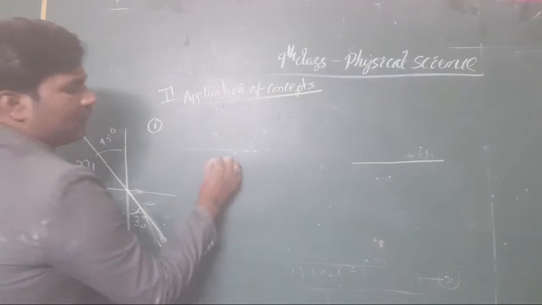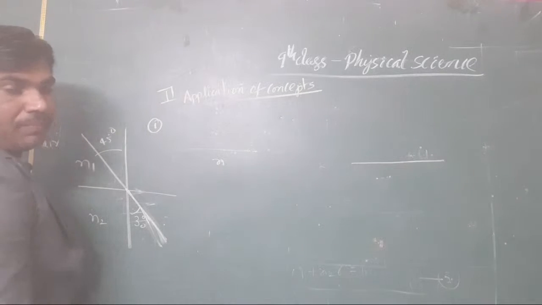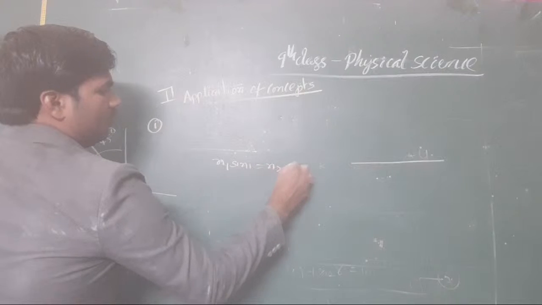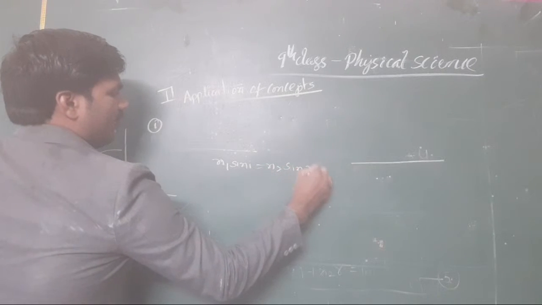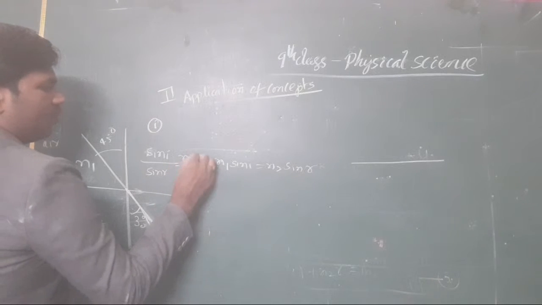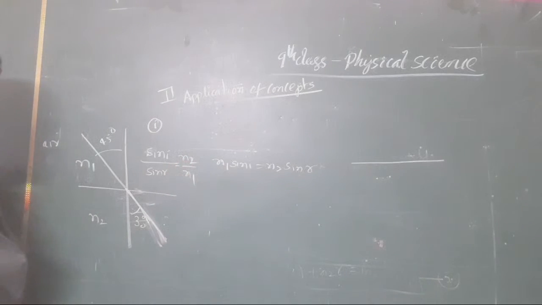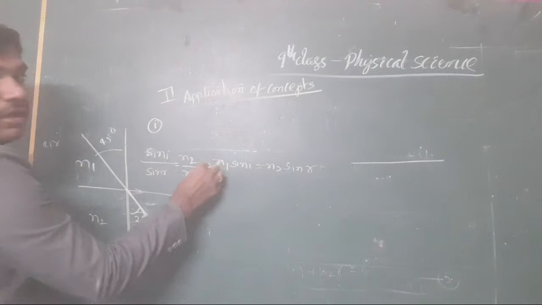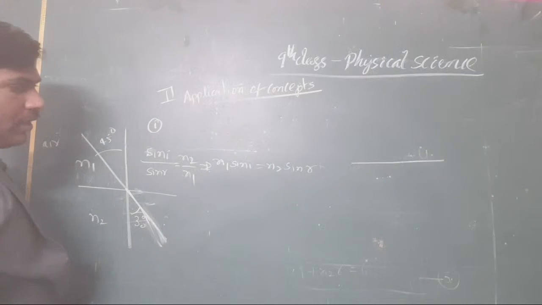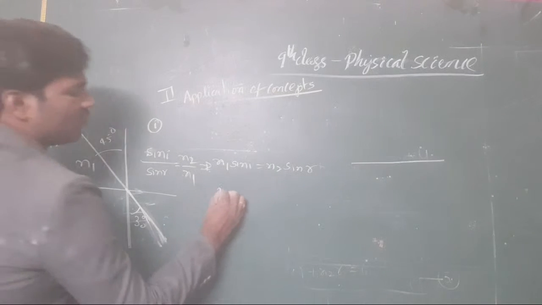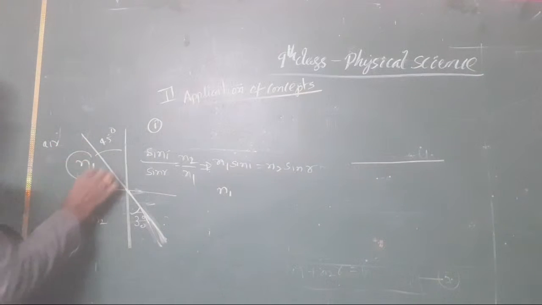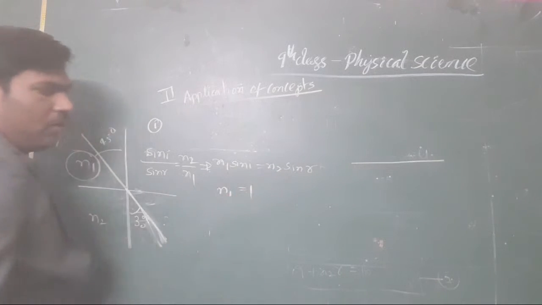The formula is N1 sin I equals N2 sin R, which is also N2 by N1. From this formula, N1 sin I equals N2 sin R. Now N1 is air, so N1 is equal to 1.